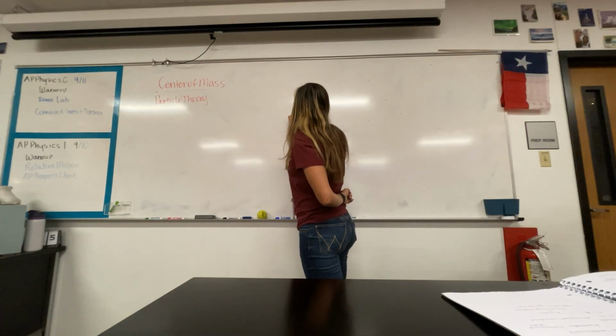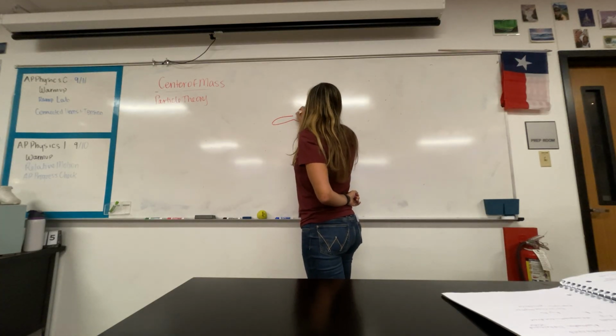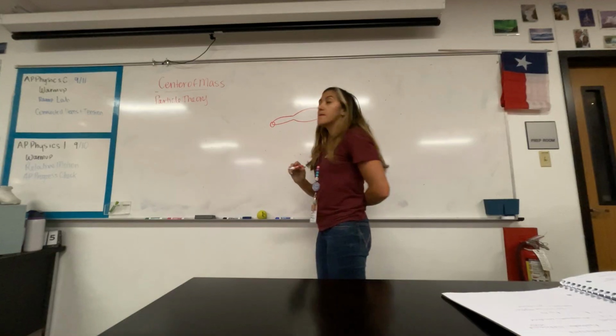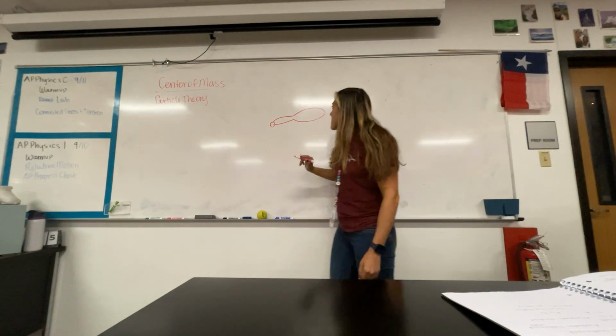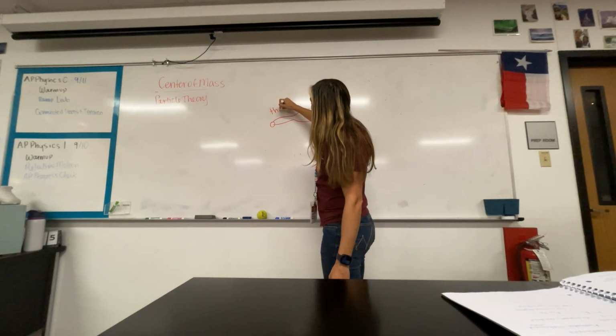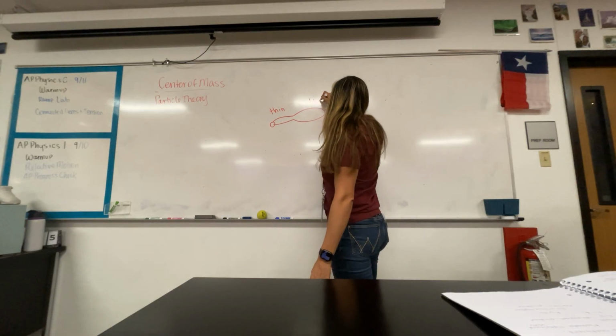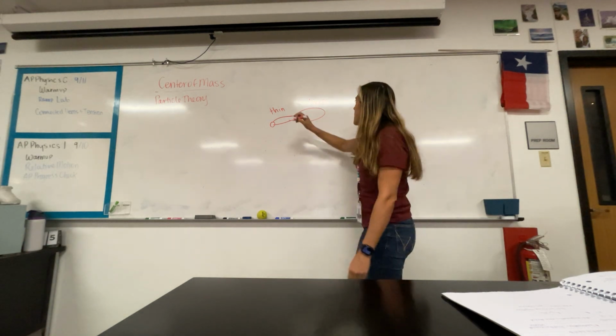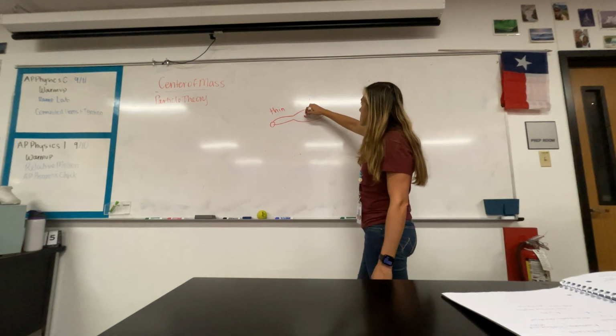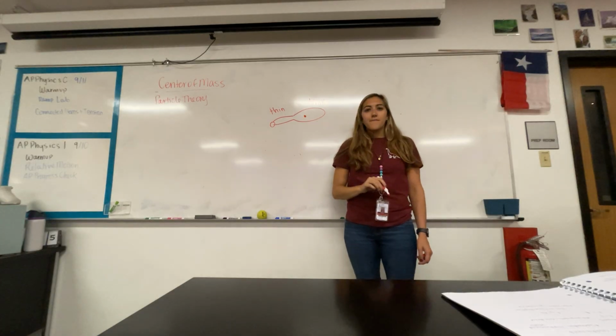So let's talk about maybe a baseball bat. That's a baseball bat. So a baseball bat is thin on one end and thick on the other end. So I would expect its center of mass to sit closer to the thick end, right?